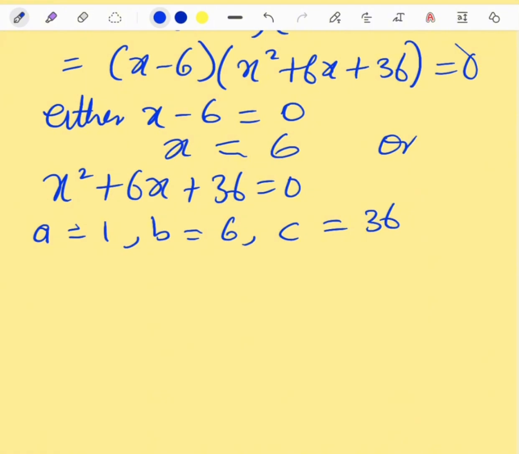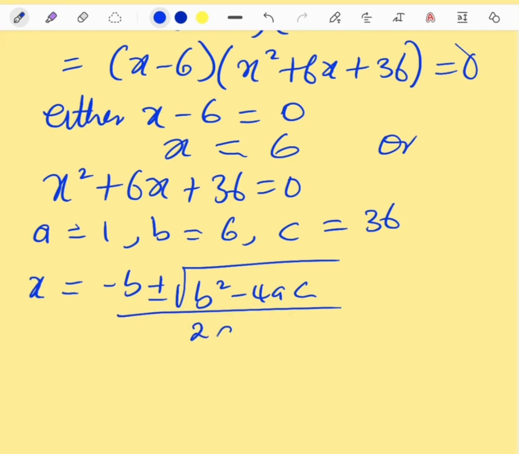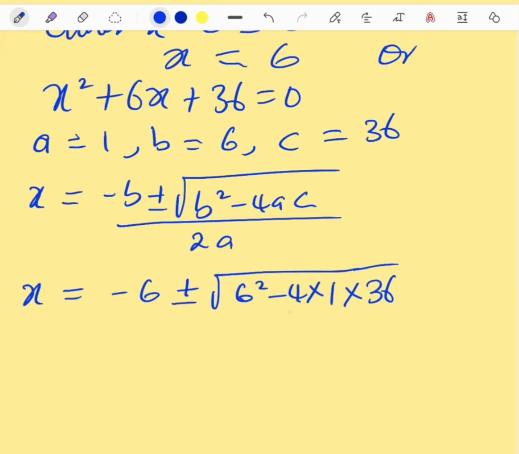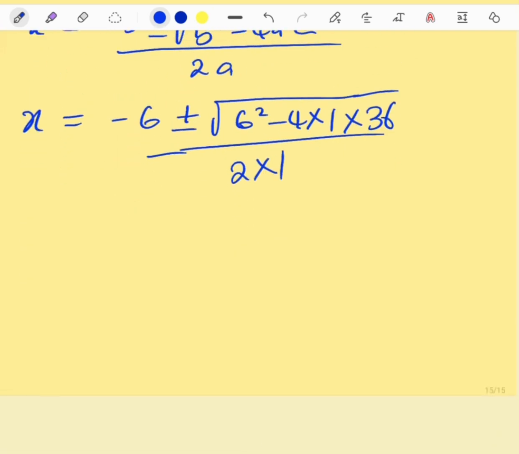So from here, we can now have that x is equal to minus b plus or minus square root of b squared minus 4ac, everything all over 2a. So x becomes minus 6 plus or minus square root of 6 squared minus 4 times 1 times c, which is 36, over 2 times a, which is 2 times 1.